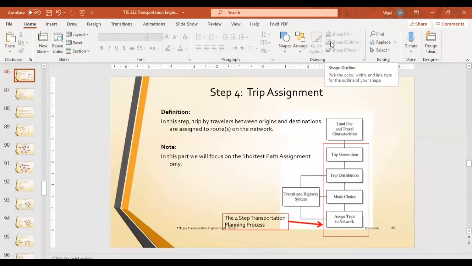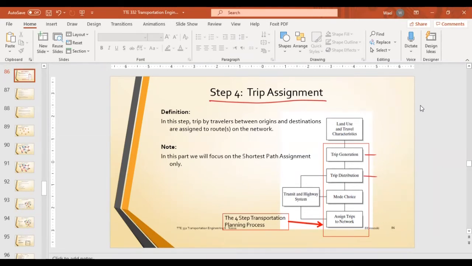Okay, now we are going to start on our fourth step in the transportation planning four-step process, which is basically the trip assignment. In the previous steps, we calculated the number of trips generated and the trip distribution, how trips are going from production to attractions, and we came up with an OD matrix.